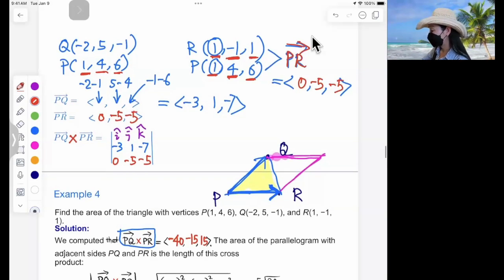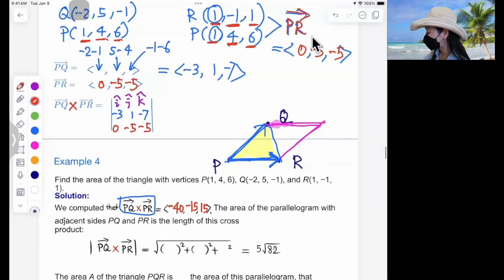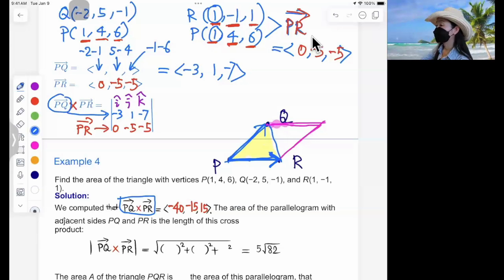Oh okay, so this one here is for the vector PR, and this one here is for the vector PQ. Oh, we're computing them from the points. We're given the two points, right?